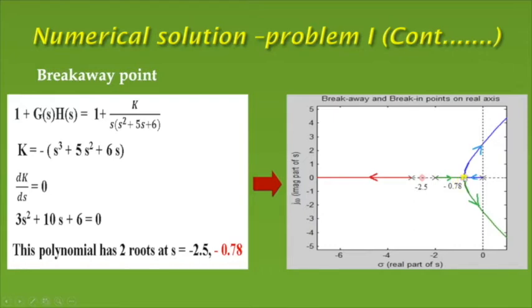So these two root loci meet at that point and move to infinity along these asymptotes. And another root locus starts from minus 3 and moves to infinity along this asymptote. There are no complex poles and zeros, so there is no calculation of angle of departure and angle of arrival.